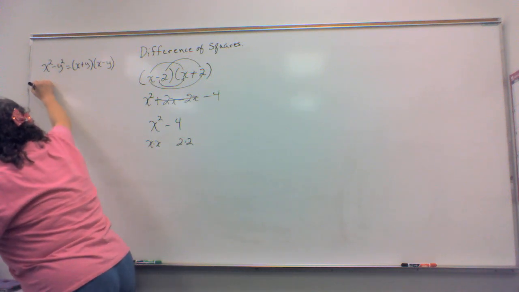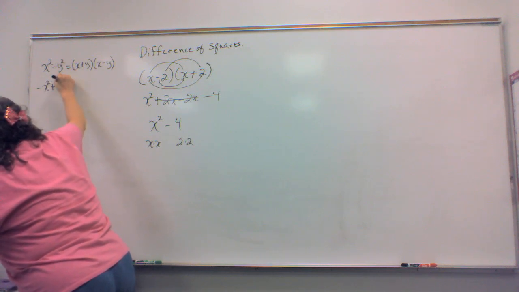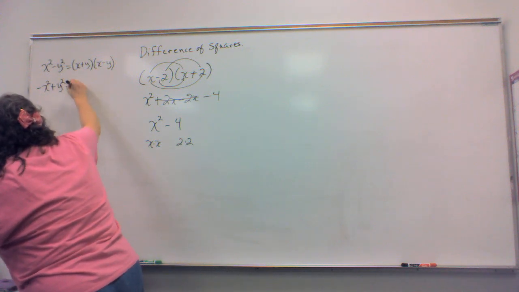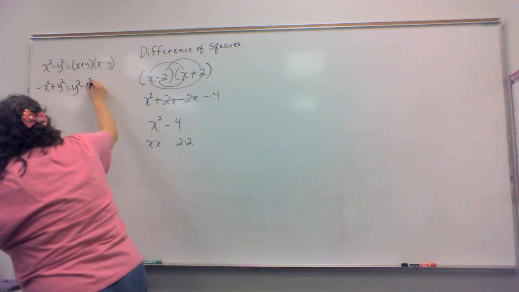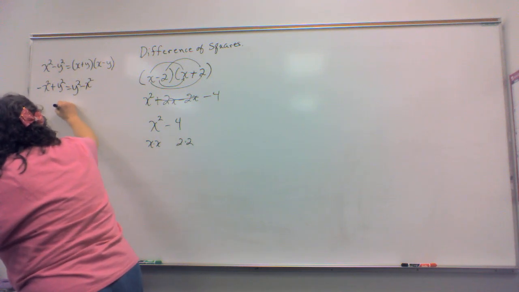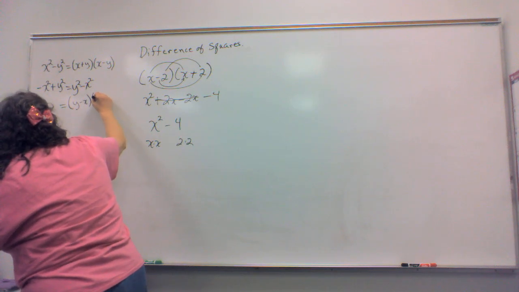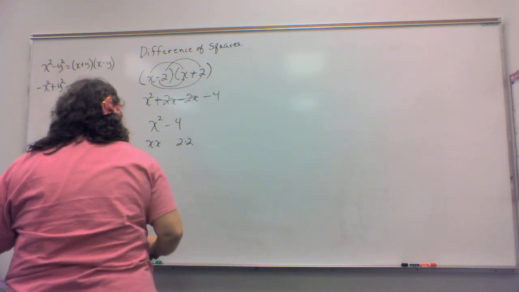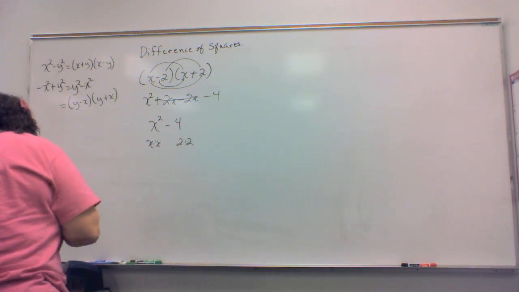Or you could have negative x squared plus y squared, and this is going to equal, change the order, y squared minus x squared, which is then equal to y minus x times y plus x. So it can be written in two different ways, okay? That's your difference of squares.